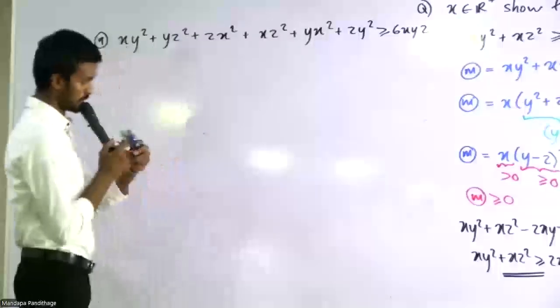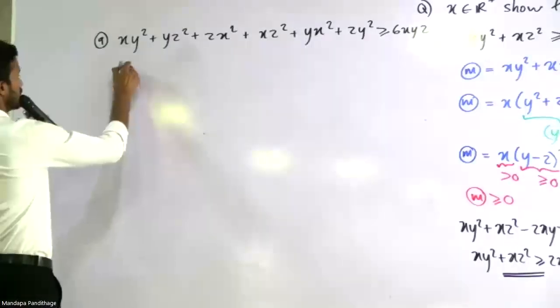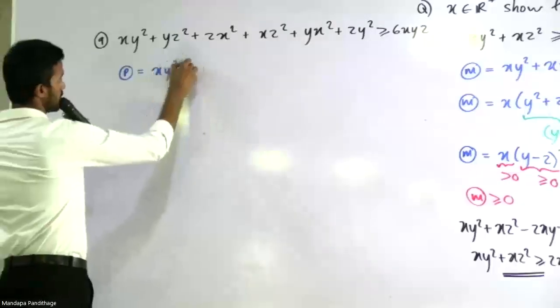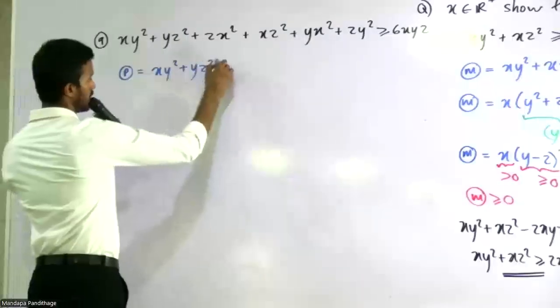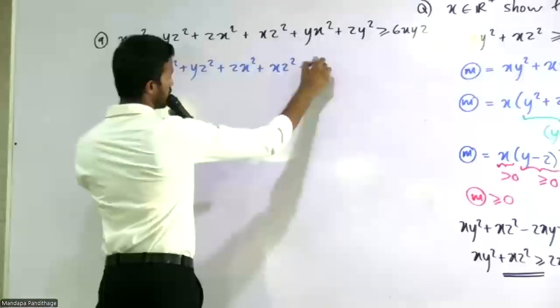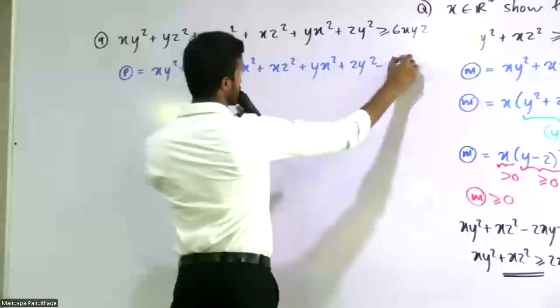Okay, so take this expression, and it is xy squared plus yz squared plus xz squared plus yx squared plus zy squared minus 6xyz.